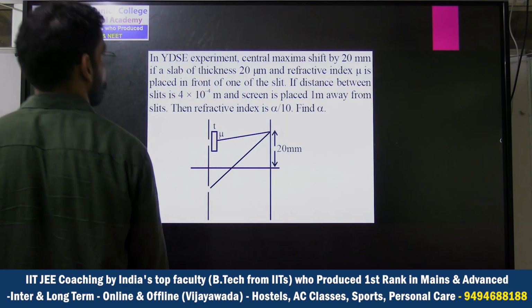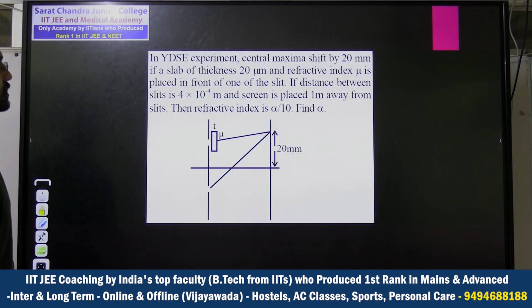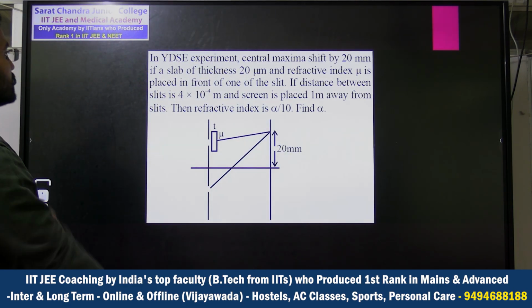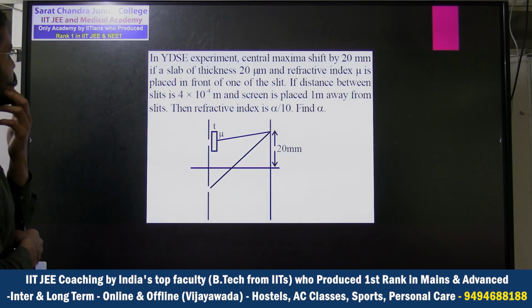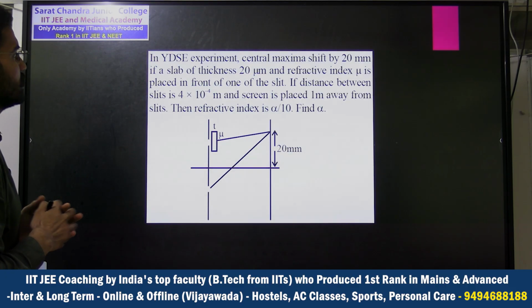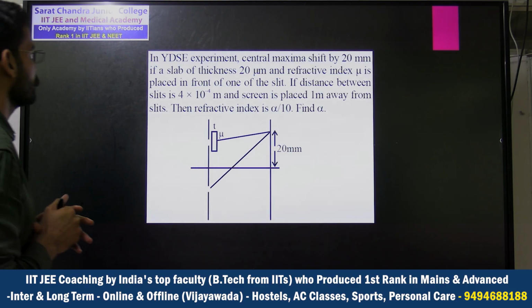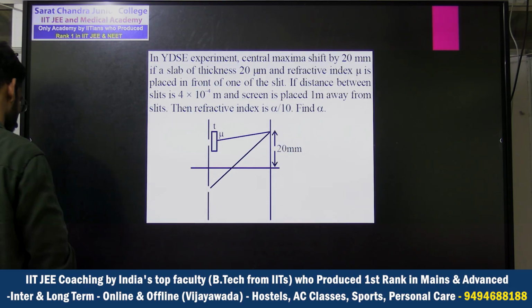In YDSE experiment, central maxima shifts by 20 mm if a slab of thickness 20 micrometer and refractive index mu is placed in front of one of the slits. The distance between the slits is 4 into 10 to the power, so this is small d given.